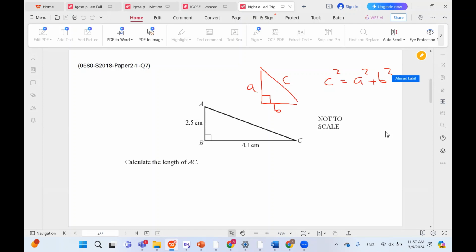Therefore, in order to get the hypotenuse, you'll get C squared equals 2.5 squared plus 4.1 squared. I'm going to use the calculator to figure this out. So 2.5 squared plus 4.1 squared gives us 23.06.